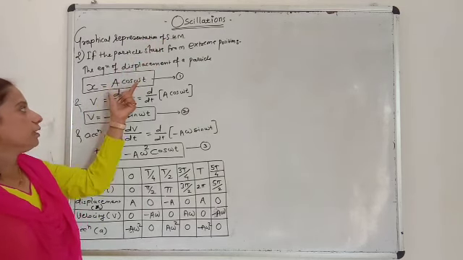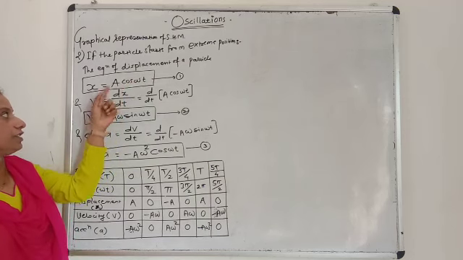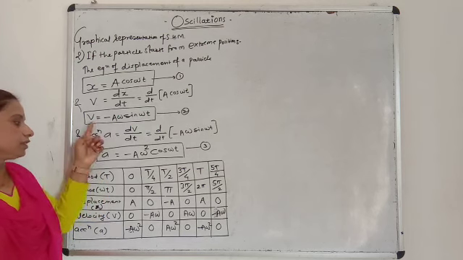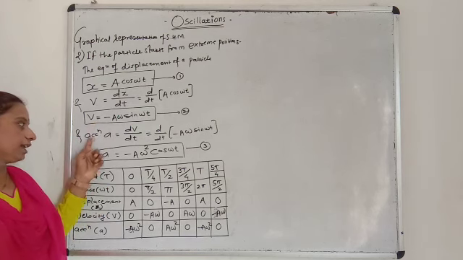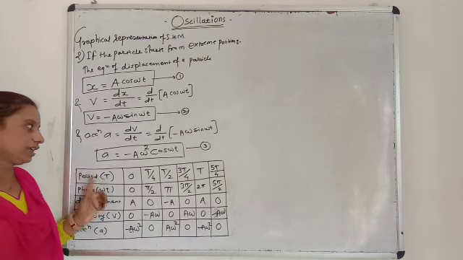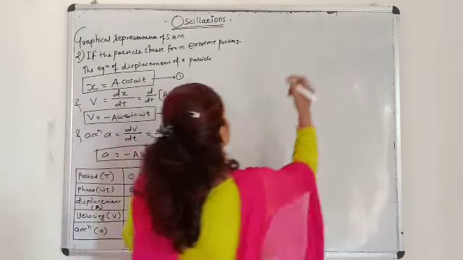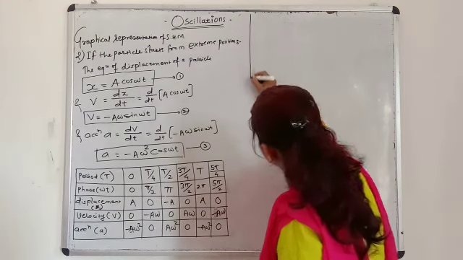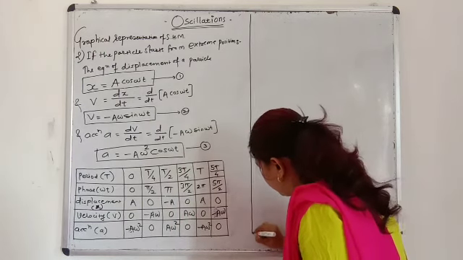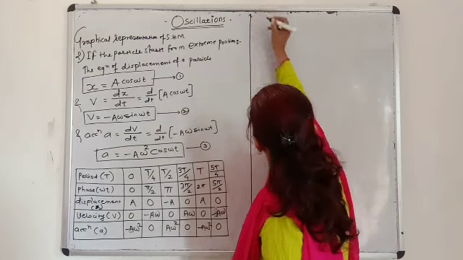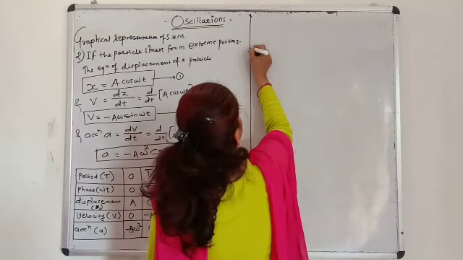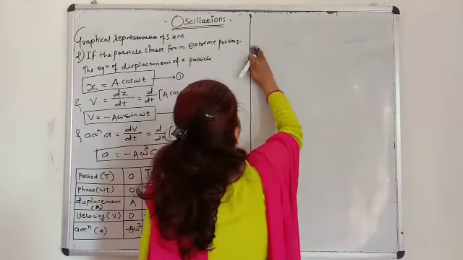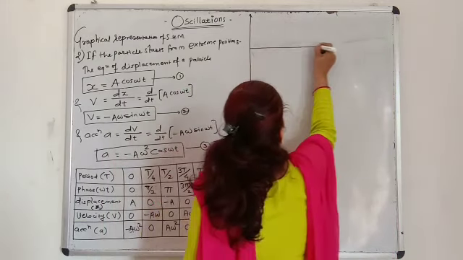So here we plot the graphical representation between displacement versus periodic time, velocity versus periodic time, and acceleration versus periodic time. For the graphical representation, this is the x-axis.